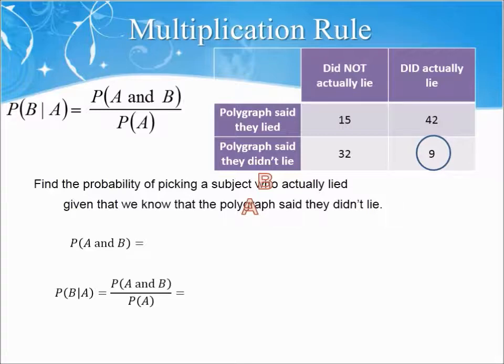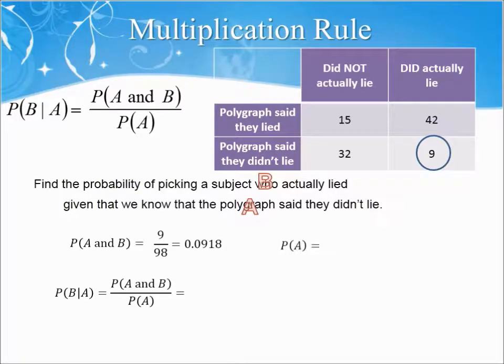So the probability that A and B occurs is 9 over 98.